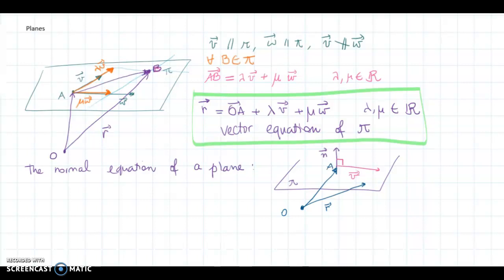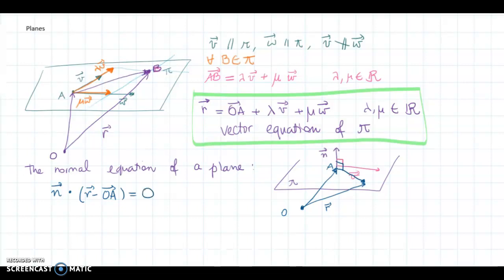Then when we consider the vector going from the endpoint of A to the endpoint of R, that vector is perpendicular to n. So that is the condition that we want. That means that when we consider n dot product R minus OA, this has to be equal to 0.